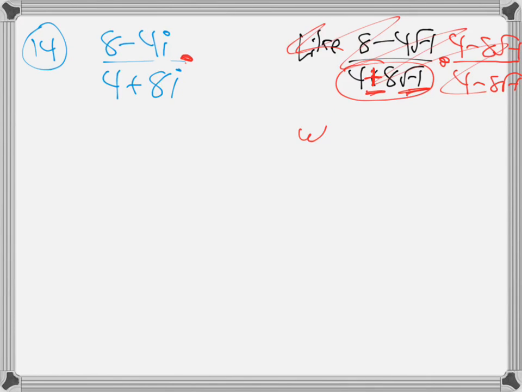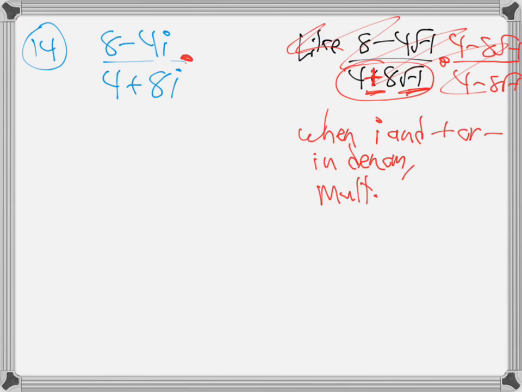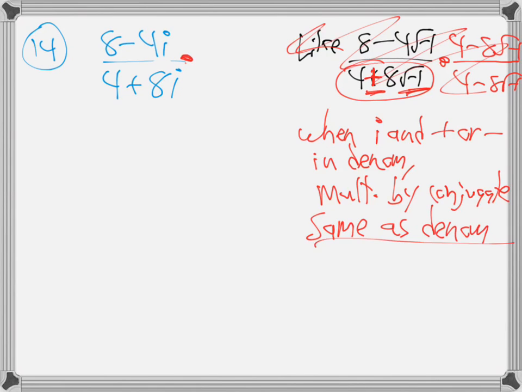So when you have i and plus or minus in the denominator, multiply by the conjugate, it's called, which means same as the denominator, opposite sign in the middle.